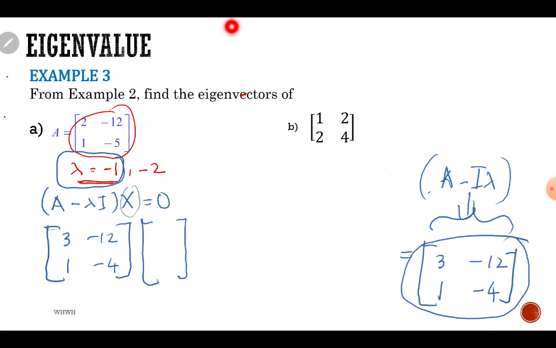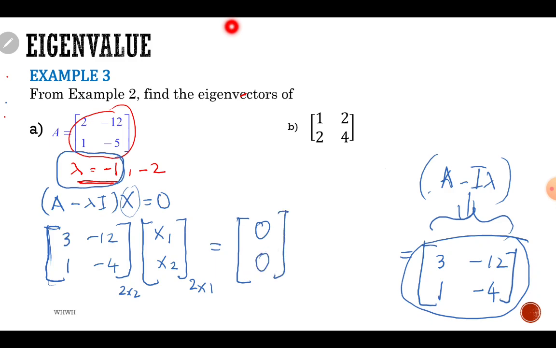Dia akan follow number of rows of your A minus lambda I matrix ni. So yang ni adalah 2 darab 2. So yang ni akan jadi 2 darab 1 matrix. And the variable that we're looking for is, saya namakan dia X1 and X2 for example. Okay, X1 and X2. And this one supposed to be equal to 0 and 0.